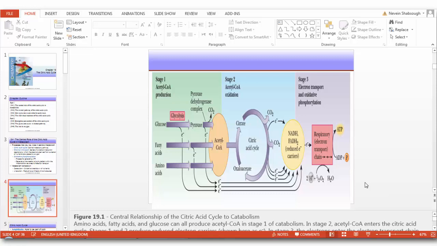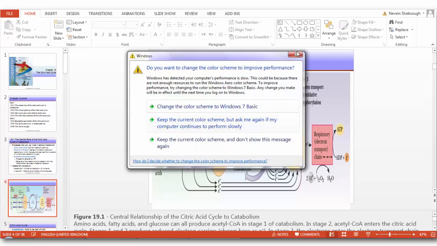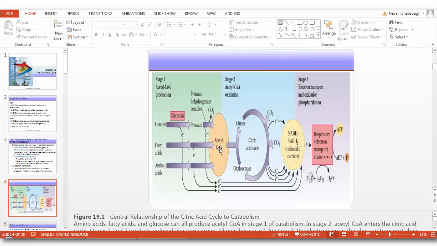Now, this figure shows us the central relationship of the citric acid cycle to catabolism. Here, carbohydrate metabolism goes into three stages. Stage 1, acetyl-CoA production. We will see this.